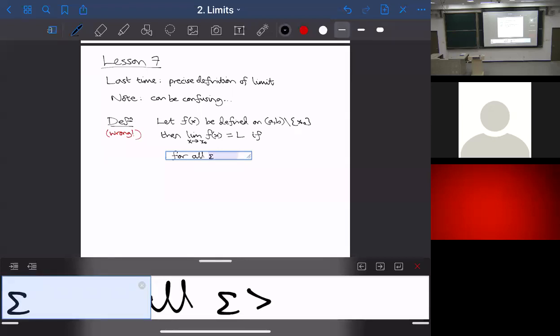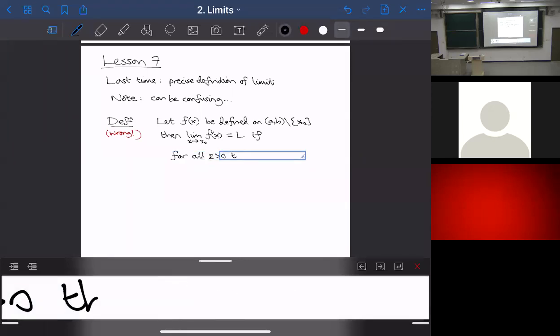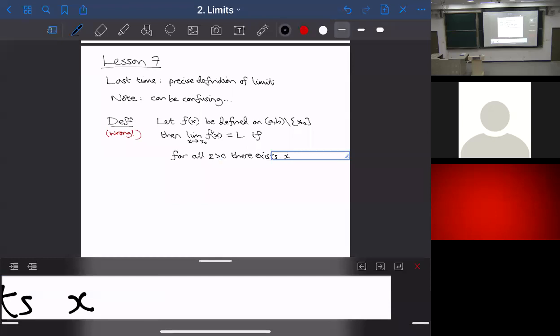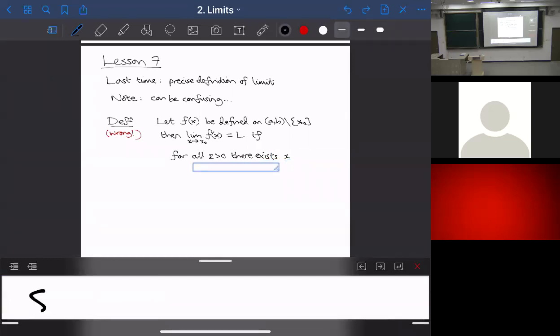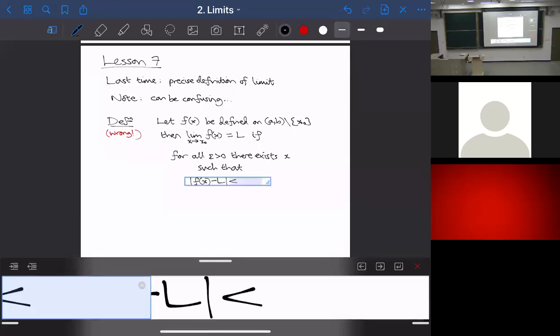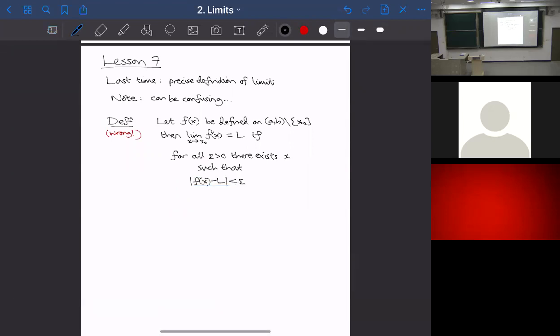So what if we say for all epsilon there exists x such that |f(x) - L| is less than epsilon.